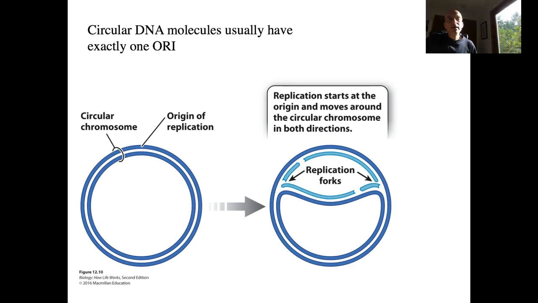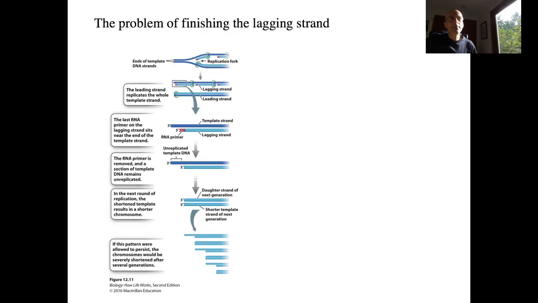All right, so there's one more thing that we need to consider when we think about how DNA is replicated on a long linear molecule, and that is the ends. If you think about what I told you earlier, that an RNA primer has to be placed down, and it happens to be placed down before the DNA strand is unwound.